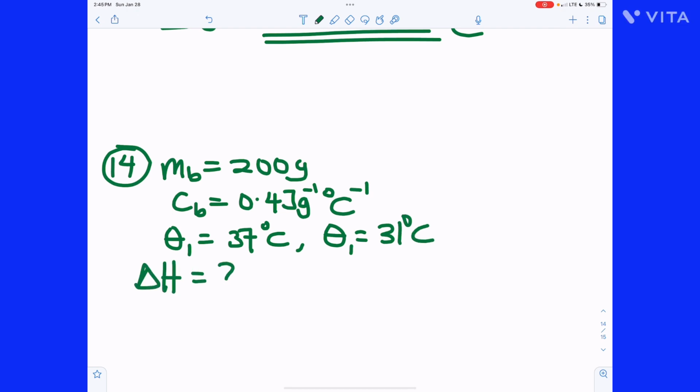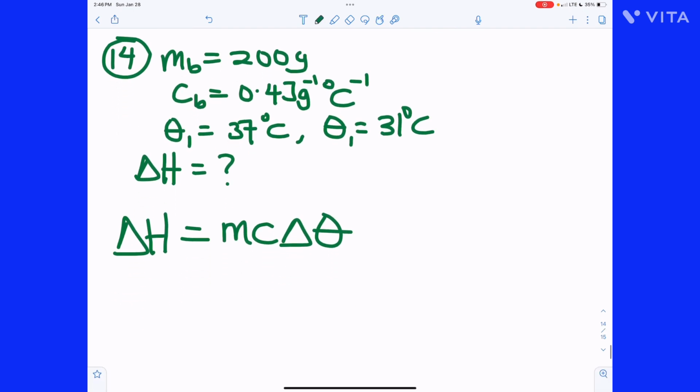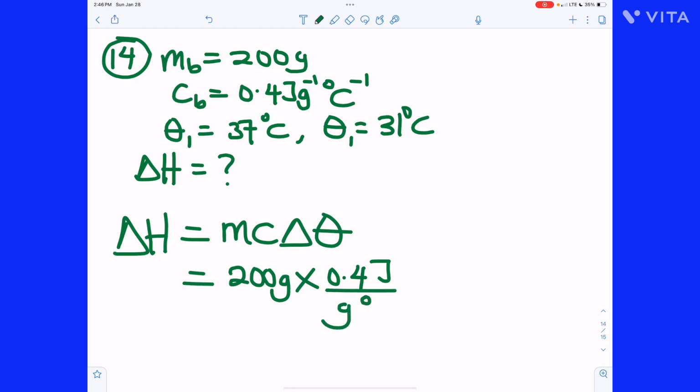Heat lost, question mark. But we know heat lost is mass of substance times its specific heat capacity times temperature change. So in this case, our heat lost will be 200 grams times 0.4 joules per gram per degree Celsius times temperature change, which will be 37 degrees Celsius minus 31 degrees Celsius.